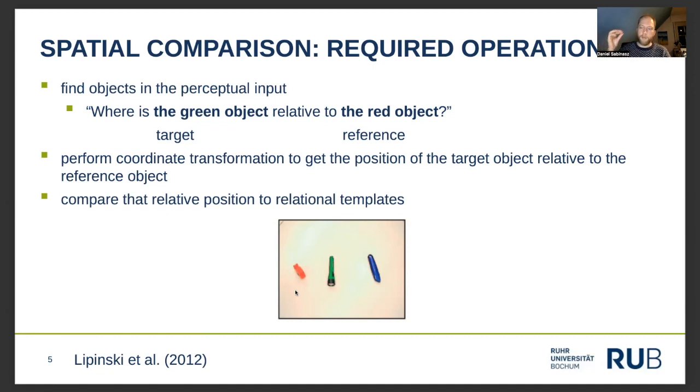So for example, if the spatial location is here, and my hand is the center, then that would match the right-of concept, because that relative location corresponds to, or is correctly described as, to the right.